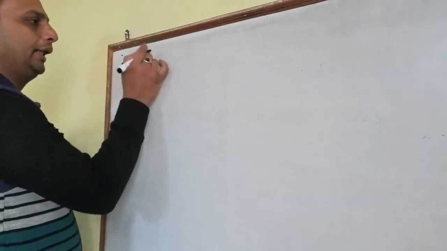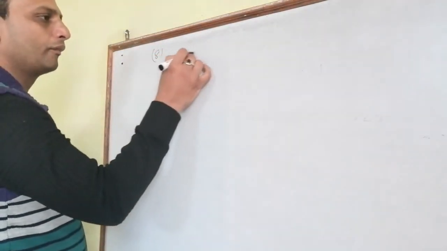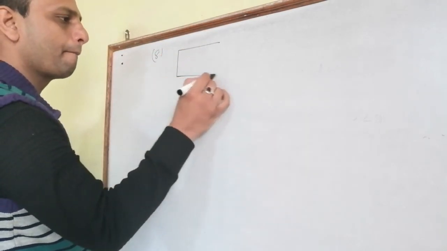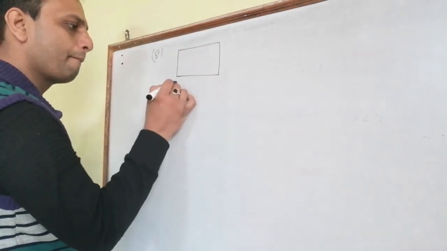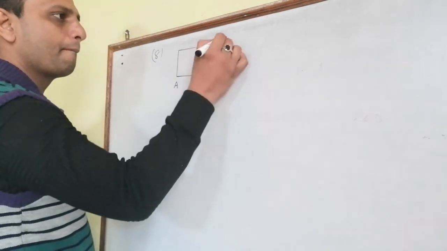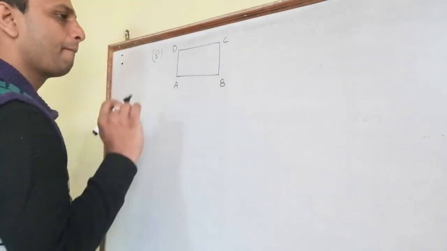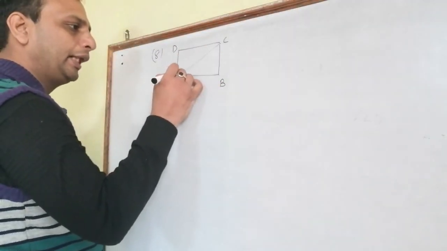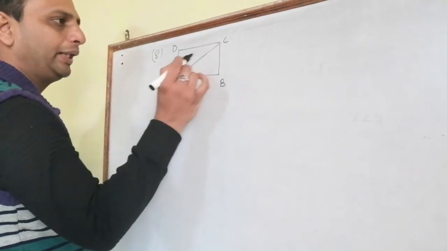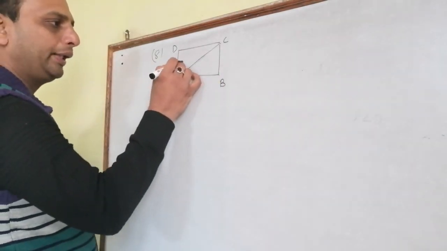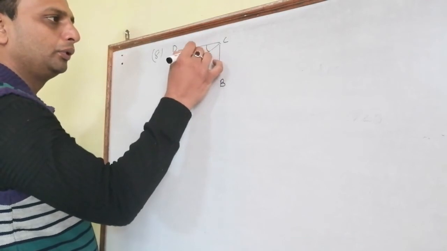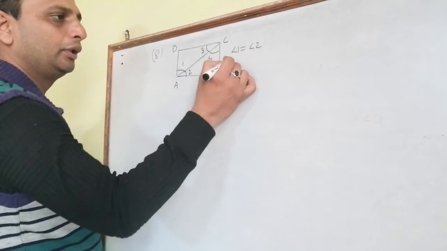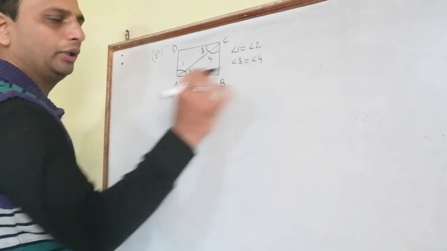So the 8th question says that there is one rectangle ABCD, and it is given that there is one diagonal AC that bisects angle A and C. So I am writing 1, 2, 3 and 4. 1 is equal to 2 given, 3 is equal to 4 given.